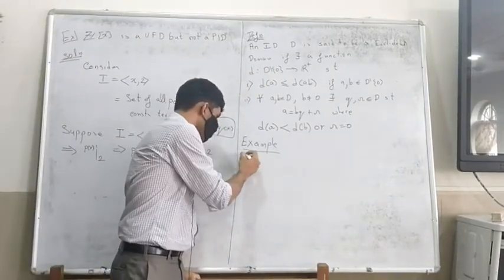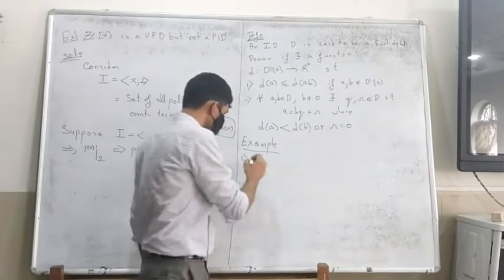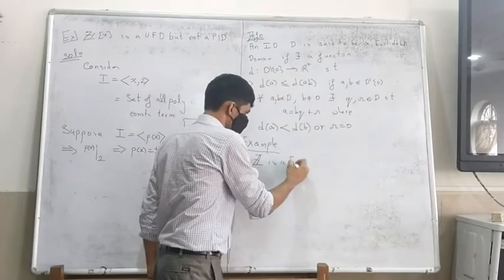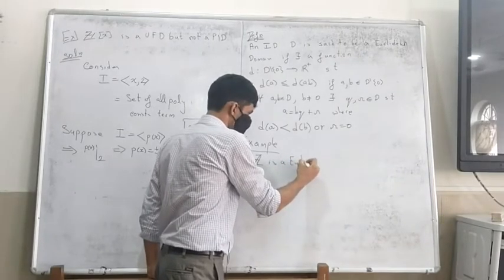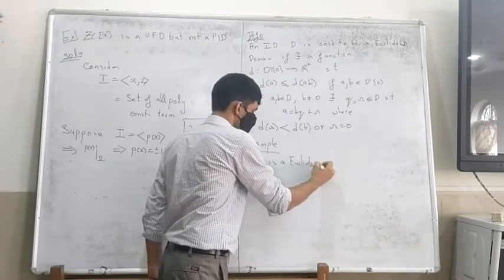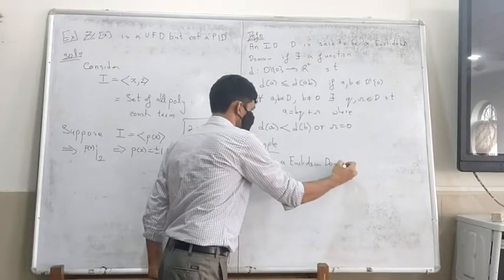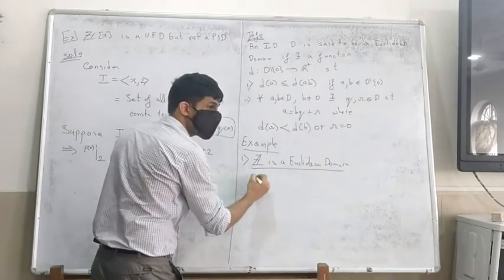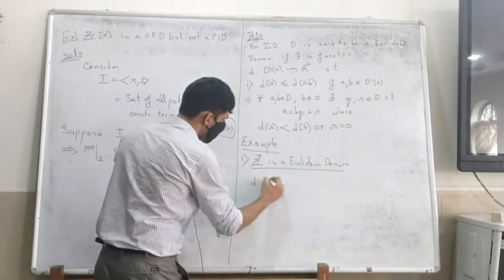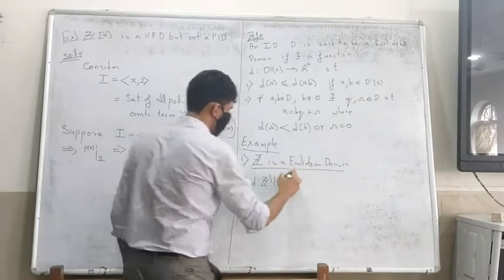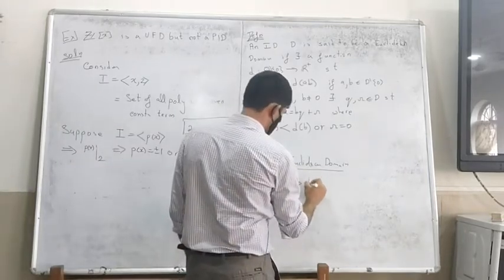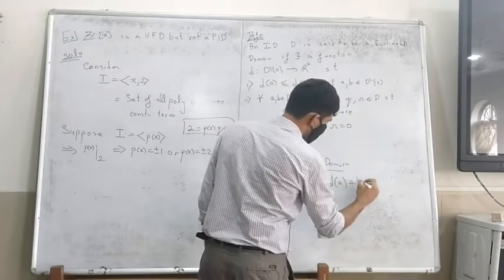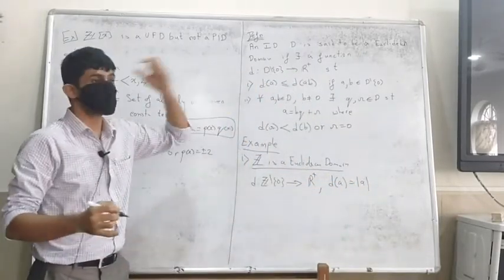For Z, the measure is this: you take d from Z difference 0 to R plus, defining d of a to be mod of a. Check that both these conditions are true.